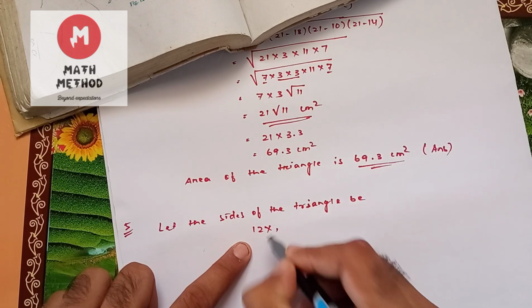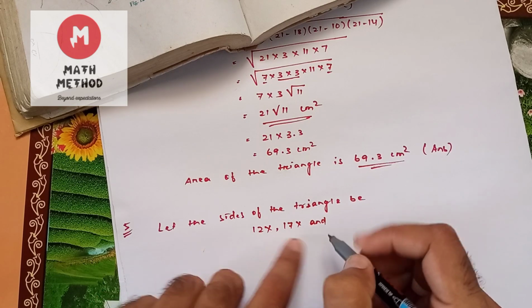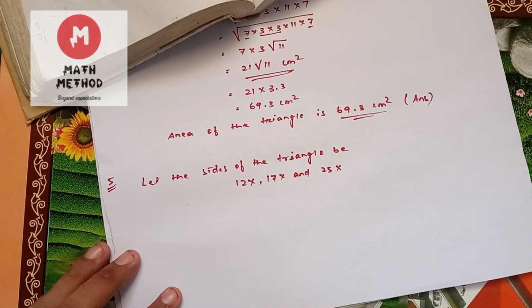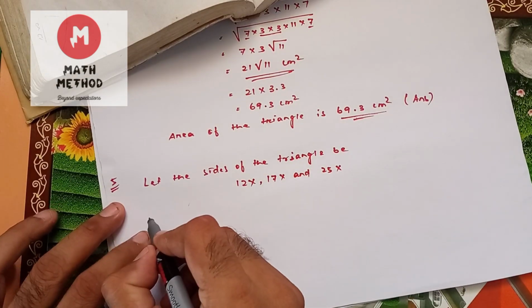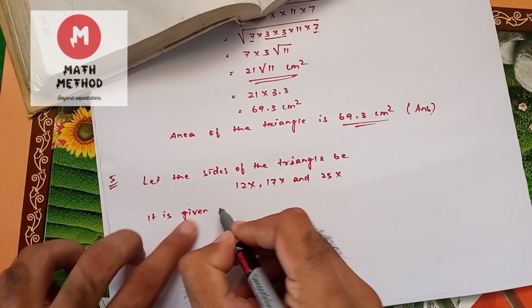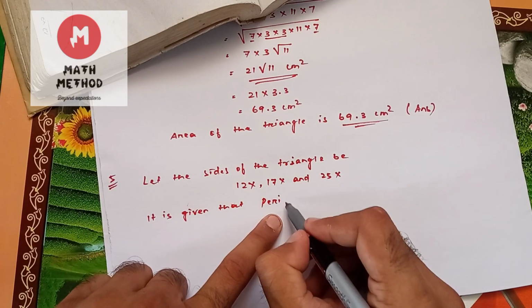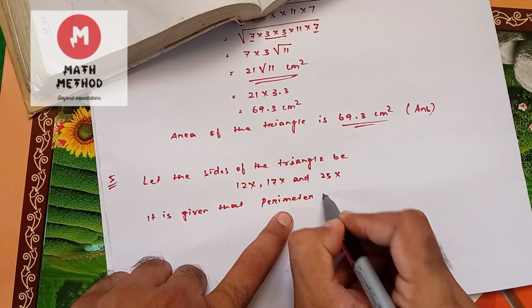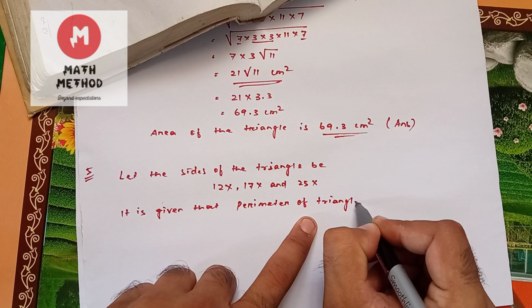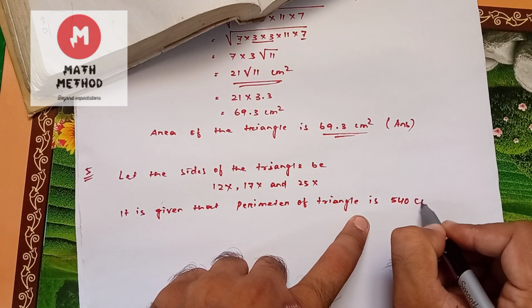12x, 17x and 25x. Now it is given that the perimeter of the triangle, which is 540 centimeter.